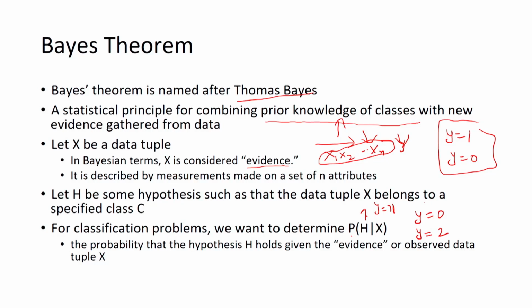So, it is written in terms of hypothesis, and you define one hypothesis for each class. You will define different hypotheses for different classes and then check which hypothesis is the best one.